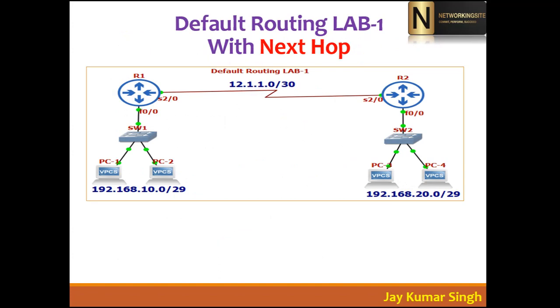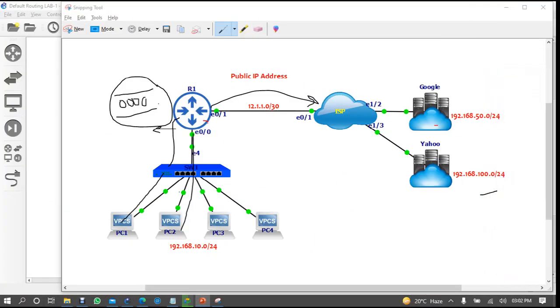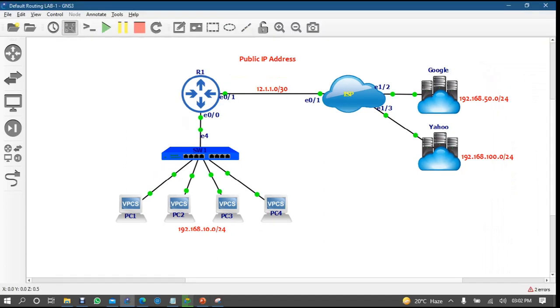So we are going to follow this lab. Let's see how we are going to configure this. Suppose we have this network already; you can take any path or any lab. Here this is our ISP, this is the public address, and this is your company router, or you can say your company network.